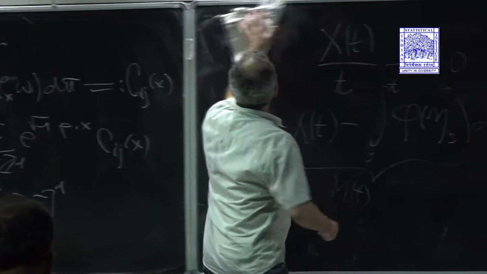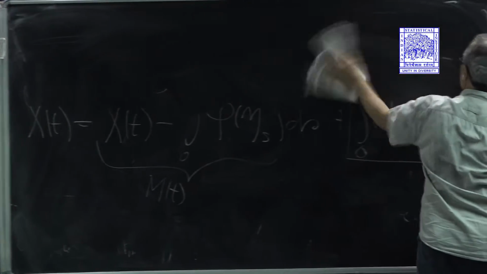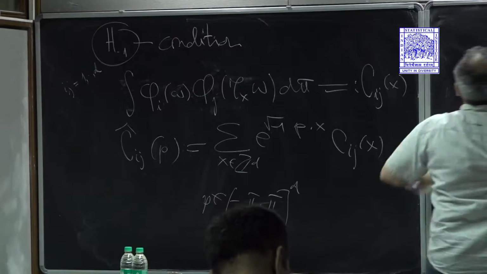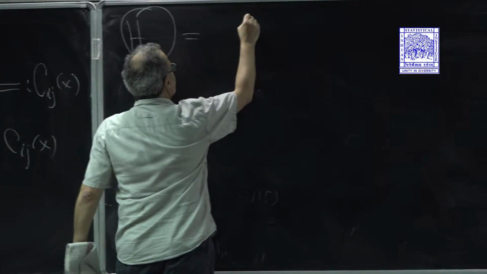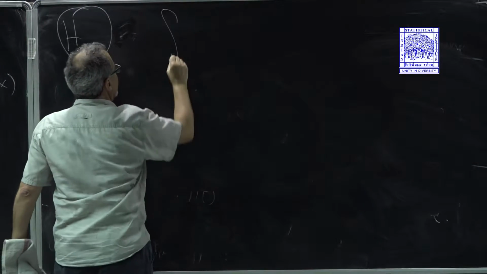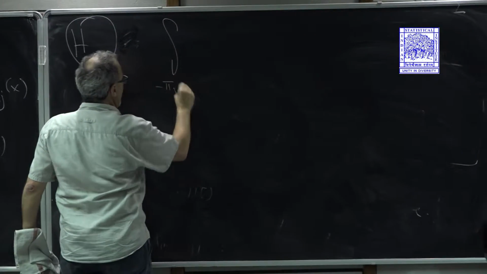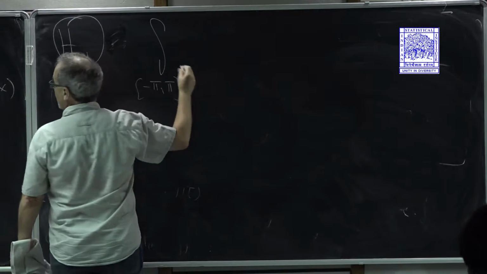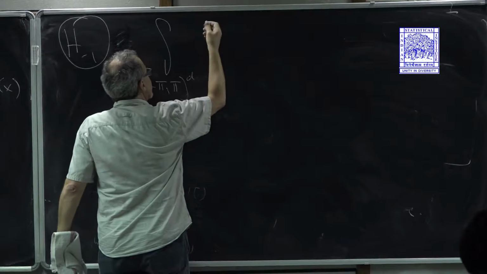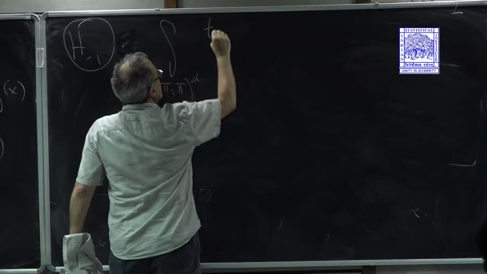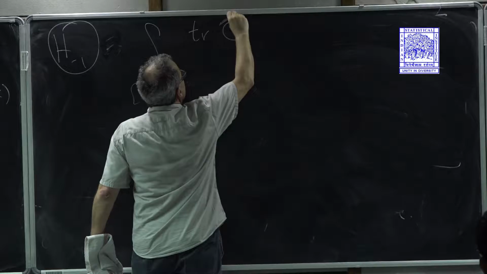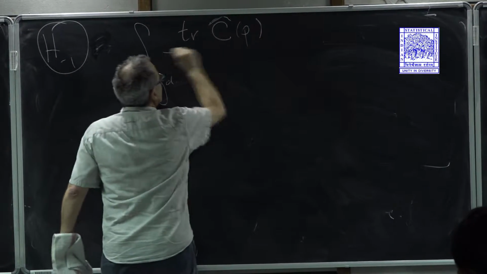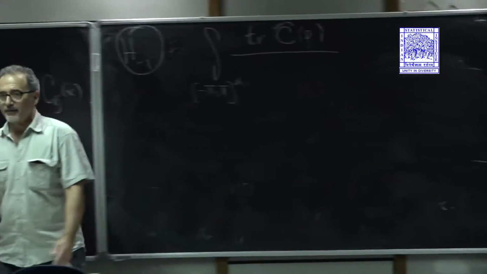Now, the H minus 1 condition is the following. The integral over minus pi to the power d of, let's say, the trace of C hat of p divided by p squared.